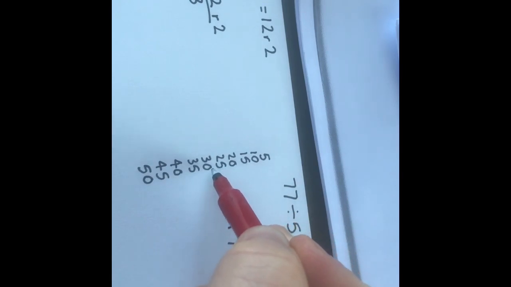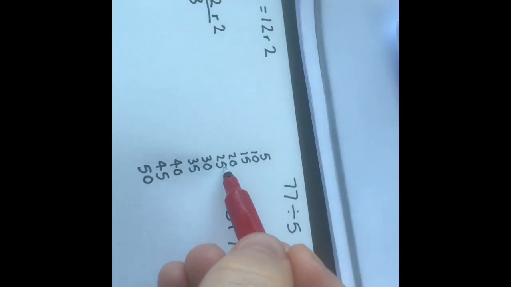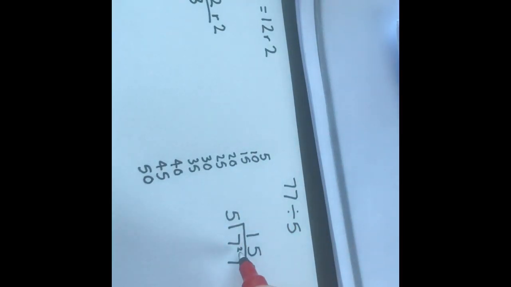We stop on 25 because 30 would be too many. So we put 5 in here. We put an R because we know there's a remainder. R is short for remainder. And we stopped on 25, and it's the difference between 25 and 27. The remainder is 2. So 77 divided by 5 equals 15, remainder 2.